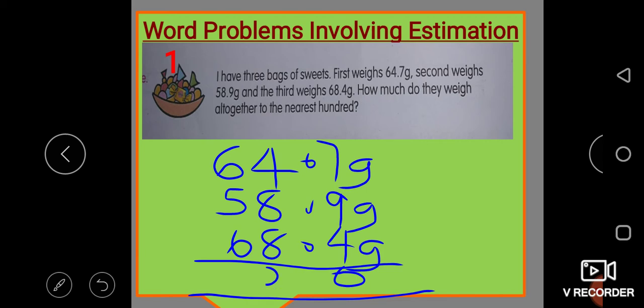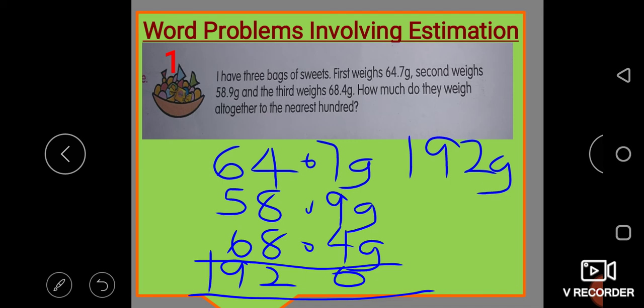We write 2 and carry 2. 6 plus 5 is 11. 11 plus 6 is 17. 17 plus the 2 that was carried is 19. So the 3 bags of sweets weigh 192 grams. Have you seen that?